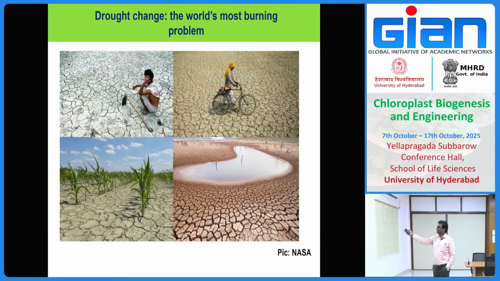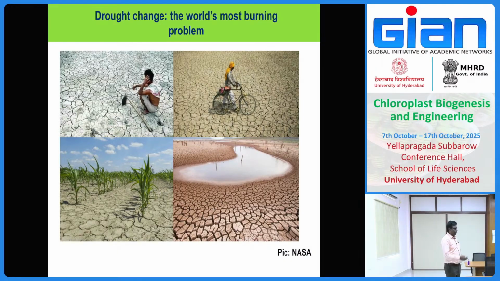These are, I think, rice fields, or maybe wheat fields. You can see all these cracks, and these can affect the land structure. The soil composition also varies.